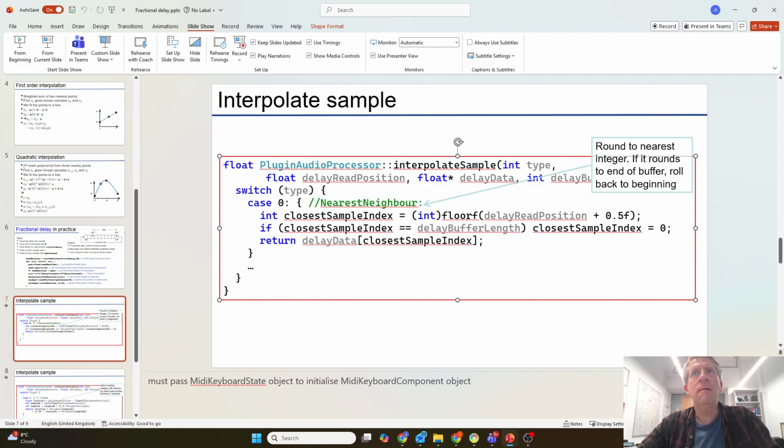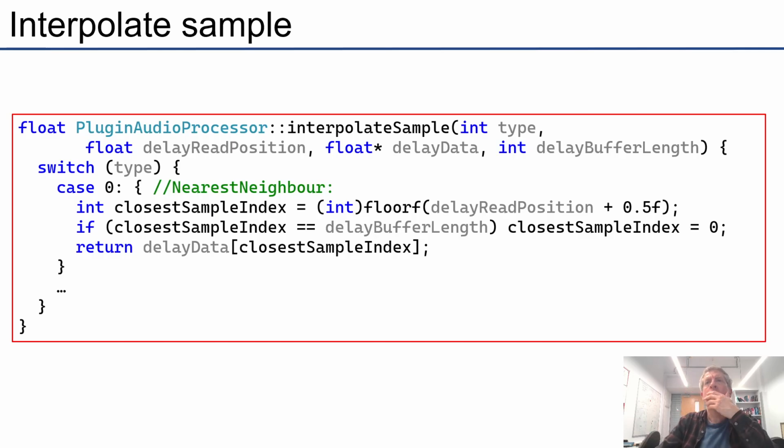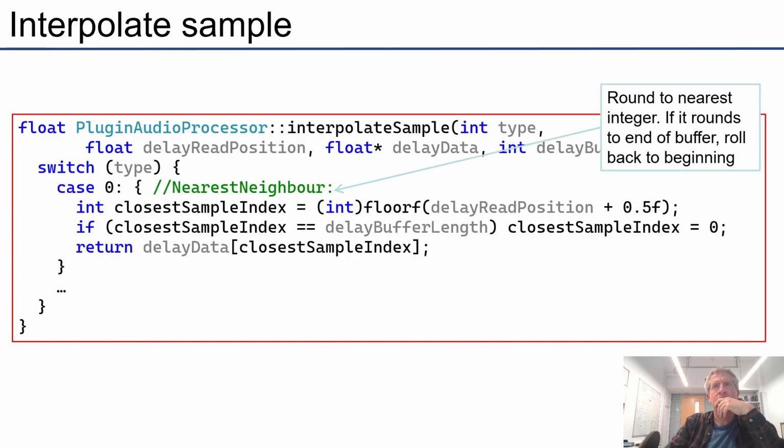Fractional delay. So nearest neighbor, that's the zeroth order, just picks whichever of the sample before or sample after is closest to what we're interested in.